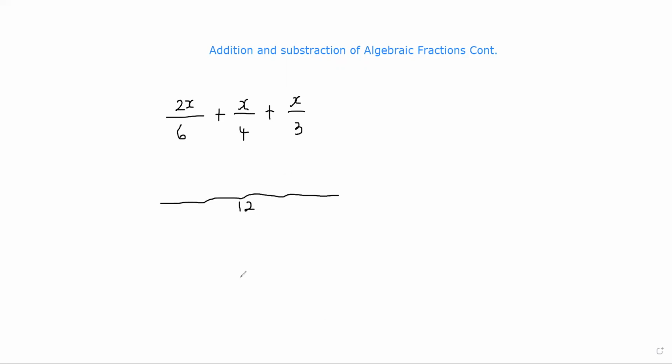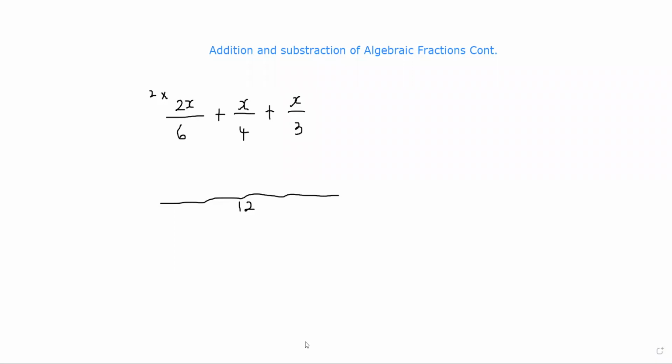We divide the 12 by these individual denominators, and then we multiply it by the numerators, right? So 6 into 12 is 2. We take that 2 and we multiply it by the numerator. Everybody get that?